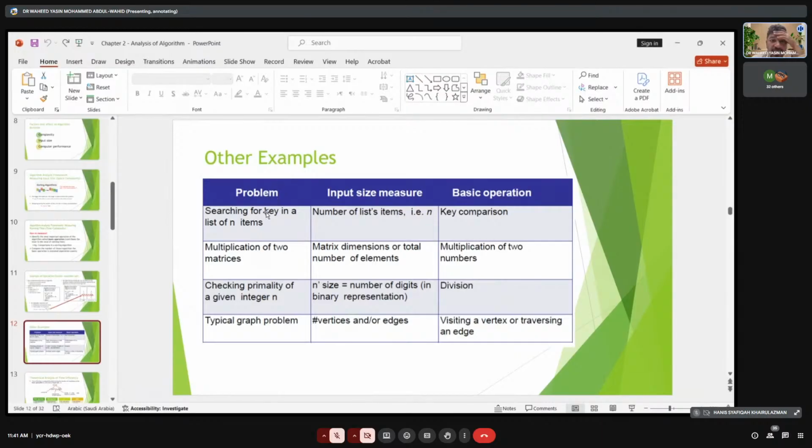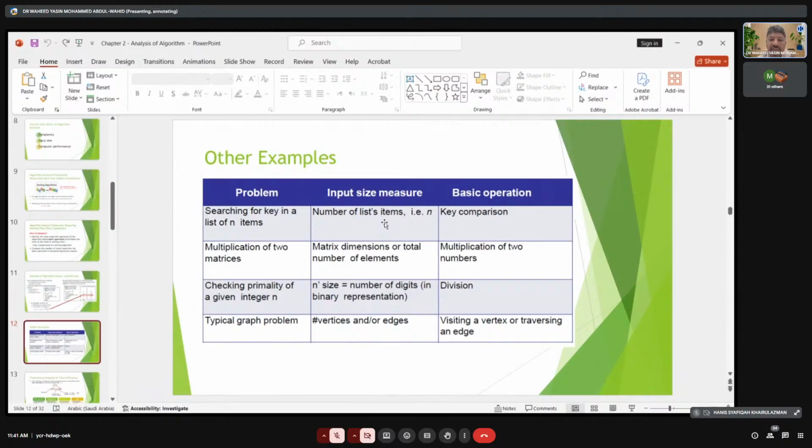Another example: the problem searches for a key in a list of n items. Number of list items is n, and the basic operation is the key comparison. Sometimes we try to find what is the basic operation of an algorithm. So for searching a key in a list of items, the basic operation is key comparison. What is the input size needed?